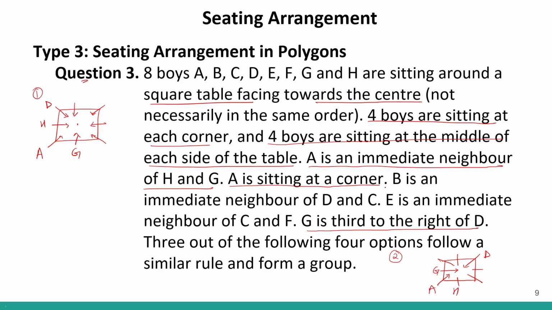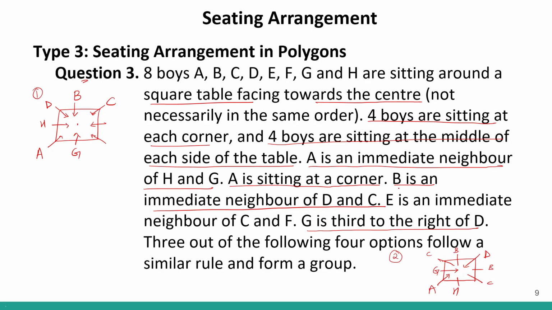Now let us come to this information which says B is an immediate neighbor of D and C. So if B is an immediate neighbor of D and C, that means C will be over here and B will be over here. Correct? Similarly, over here we can have C like this also, B can be here also. So we are getting two possibilities.